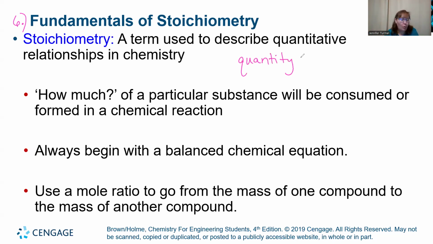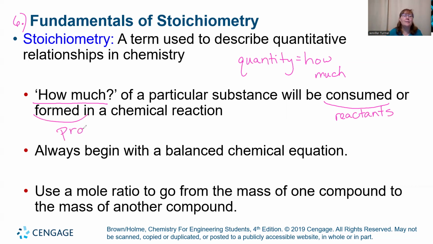So we're going to always be looking at amounts or how much. That's always what that means. So basically, how much of a particular substance will be consumed, so how much of our reactant, or formed, so that means products, in a chemical reaction.